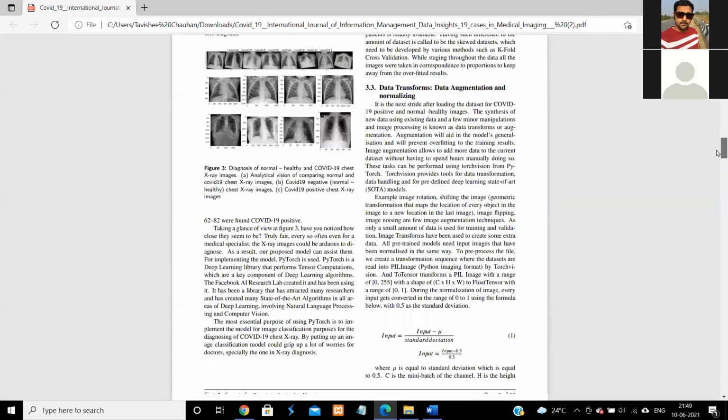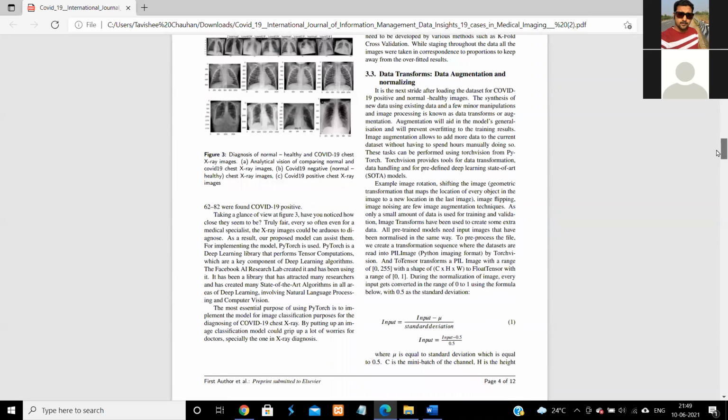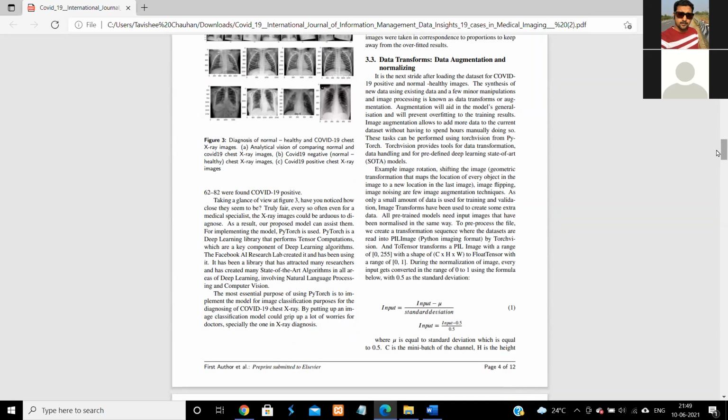Now, in a research article, either you make some changes in the mathematical foundation and improve the accuracy of the model. Second, make that technology in such a way that it can help something which is in need right now, like COVID-19.